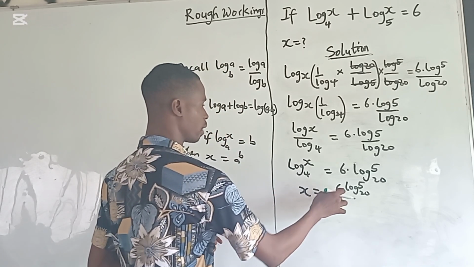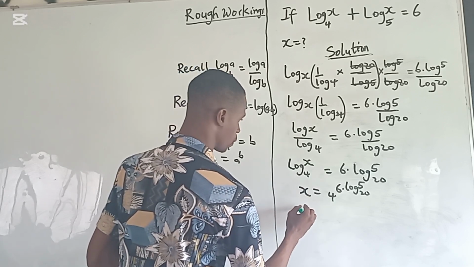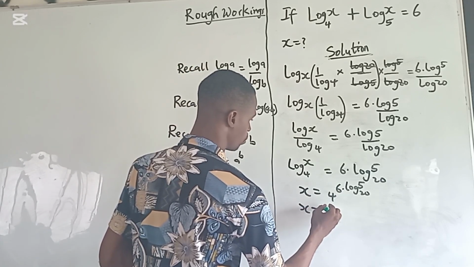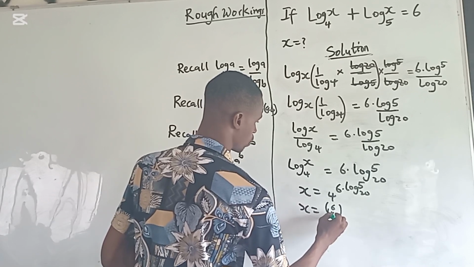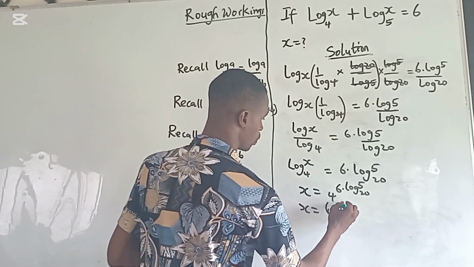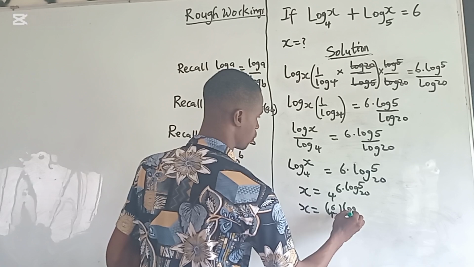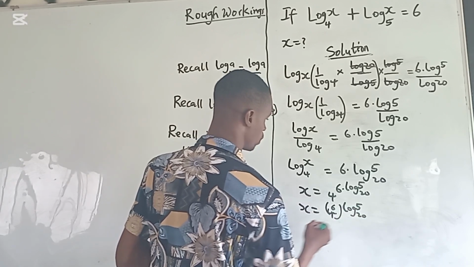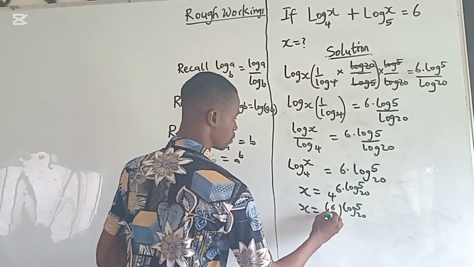So now we can also solve further by saying our x is equals to 4 raised to the power 6 log 5 base 20.